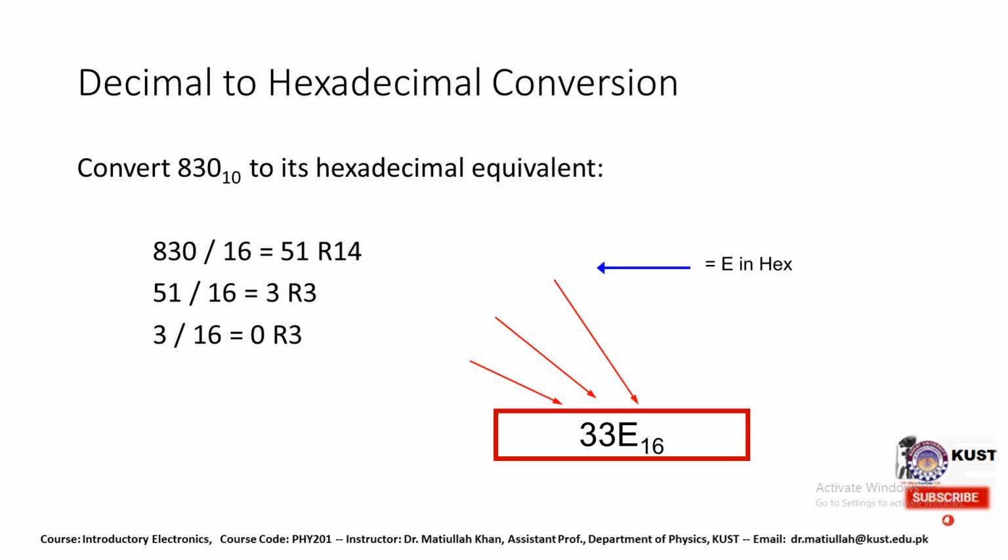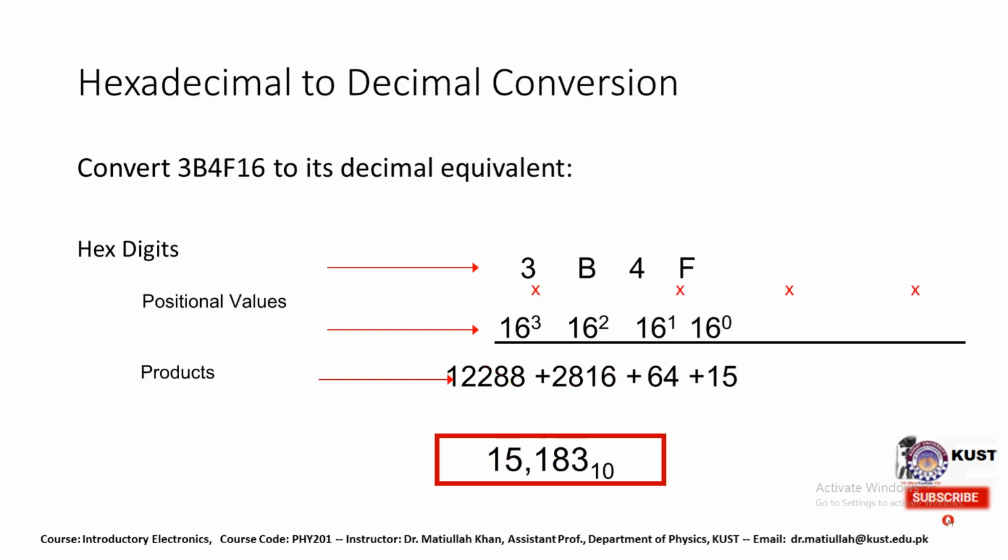So the remainders are 0, 3, 3 and 14, and 14 is equal to E in hexadecimal. In this way we have converted a value from the decimal number system into the hexadecimal number system. That is the simplest way to convert decimal to hexadecimal.